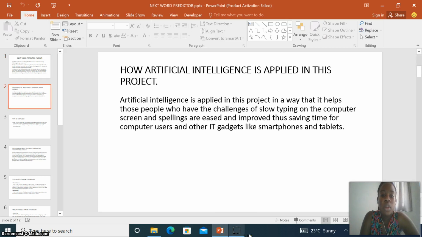This is how artificial intelligence can be used in this project and how it's applicable to it.